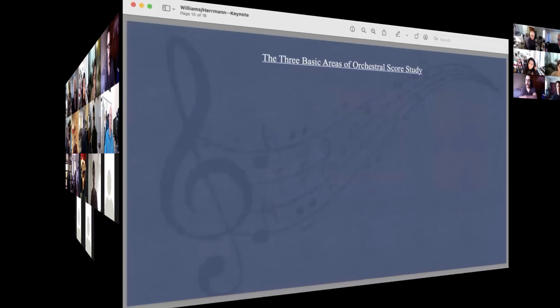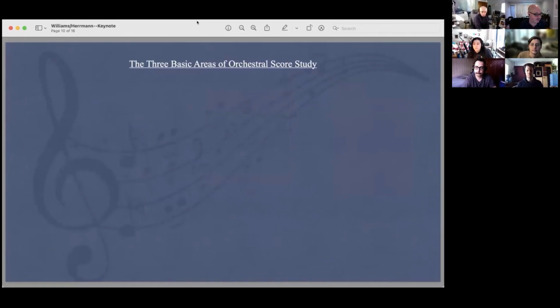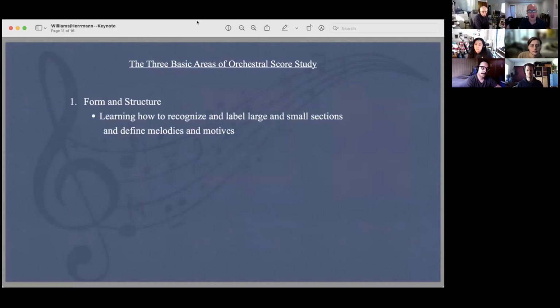Let me tell you about the three basic areas of score study that I'm going to focus on in this class. Form and structure. I am a form-first person, and the first thing I do when I look at a score, whether it's Beethoven or Bernard Herrmann, is I want to know what the structure is and dive into that as deeply as possible.